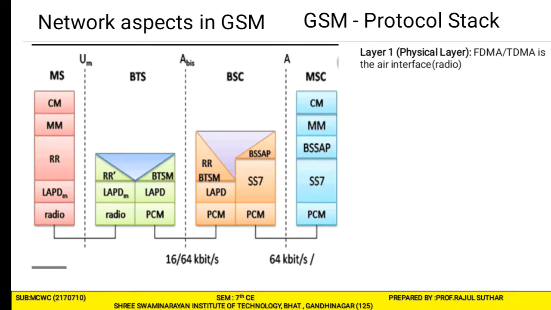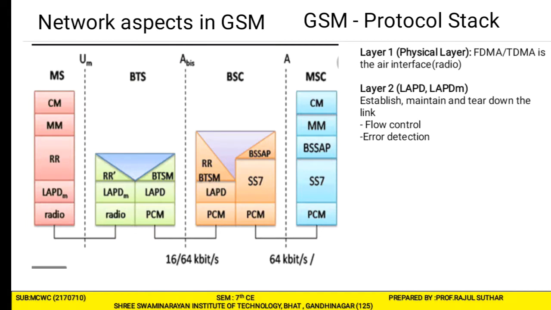Then the second layer. It contains LAPD as well as LAPDm, which establish, maintain and tear down the link. It covers flow control as well as error detection and control.